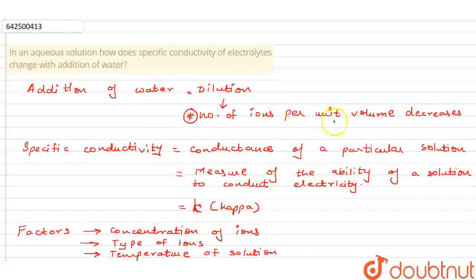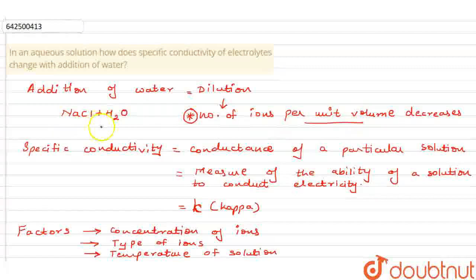Say, if it's an NaCl solution in which we have added water and we keep increasing the volume of water, the number of ions per unit volume of the whole solution would decrease. Which ions?